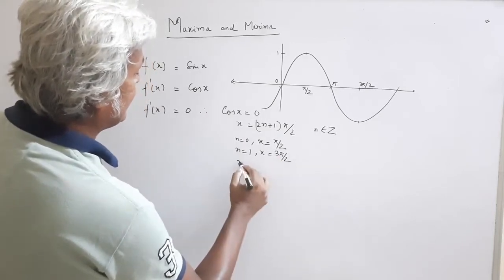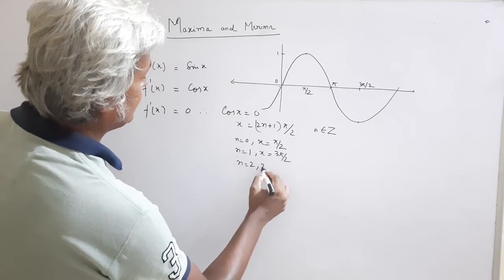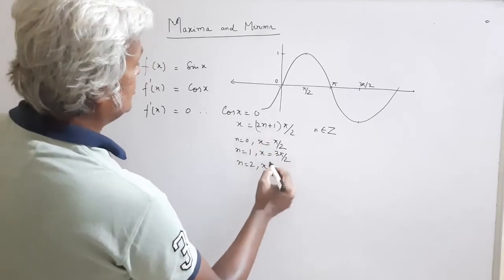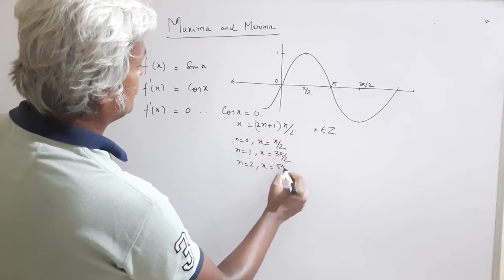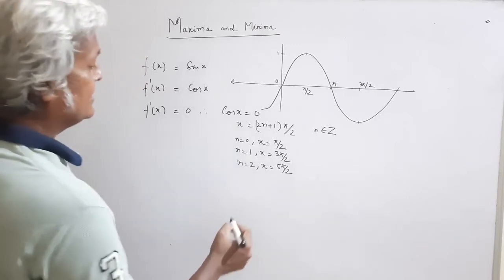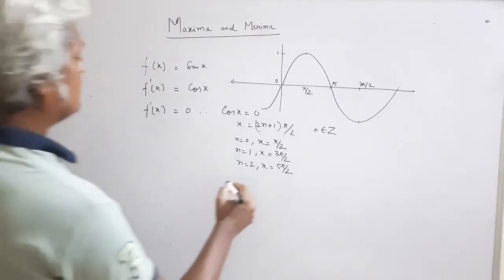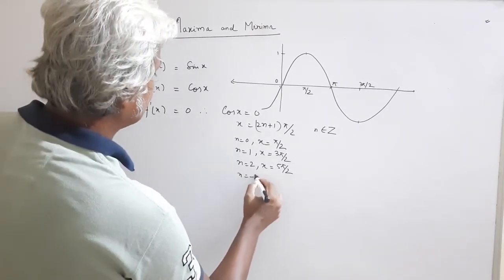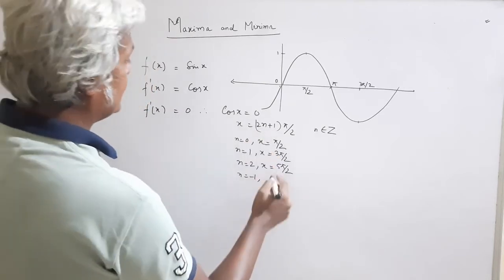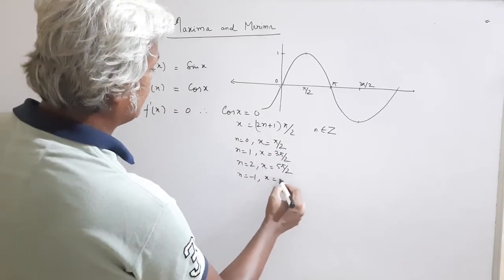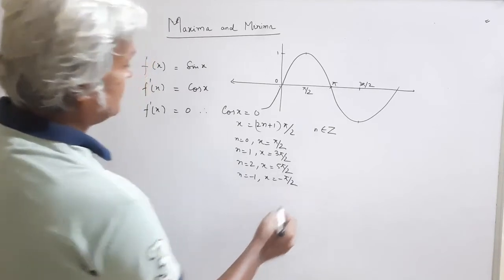If I take n as 2, then I get x as 5 pi by 2. If I take n as minus 1, then x equals minus pi by 2.